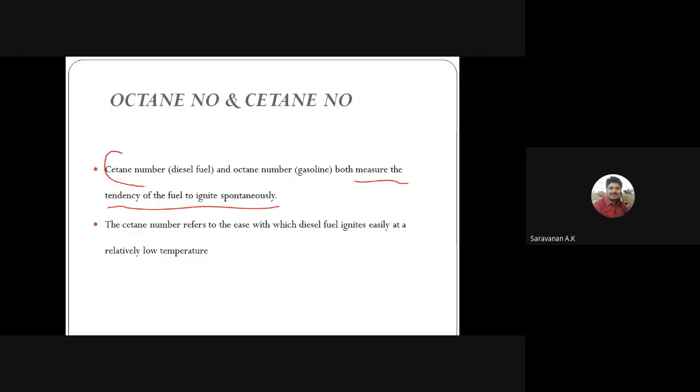So generally the cetane number is used for diesel engines, that is the diesel fuels, and the octane number for the gasolines, right? So we can see what is cetane number and what is octane number.